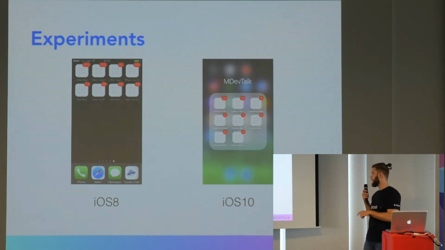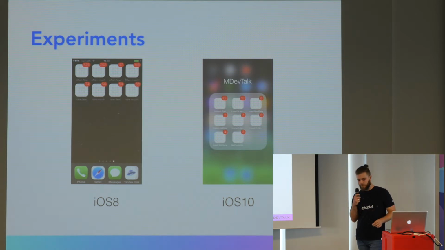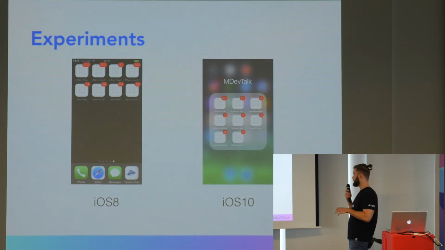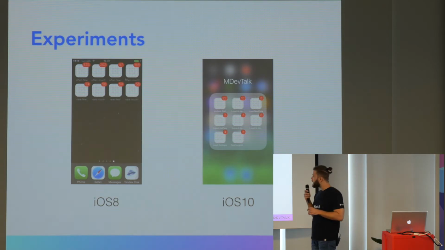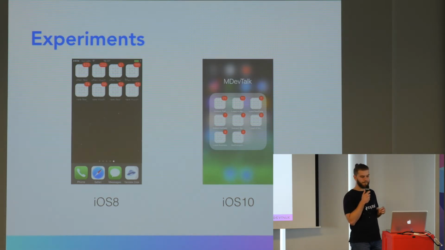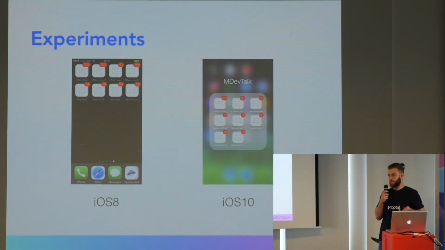As you can see, there are badges on the apps. The badges mean that the app was called. For every background fetch we get, we add 1 badge. On the left we have iOS 8, and on the right iOS 10. iOS 10 is about 2 weeks of testing, and iOS 8 is about 1 month of testing. As you can see, there is no correlation.